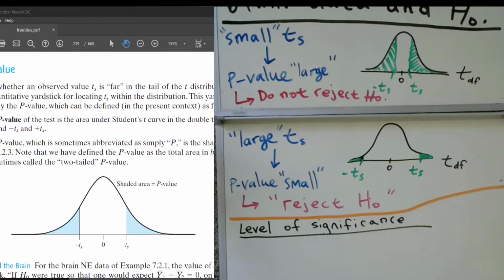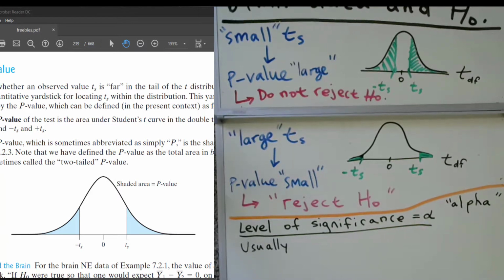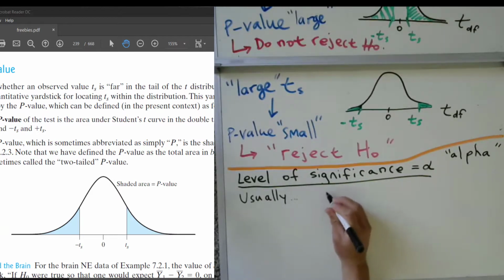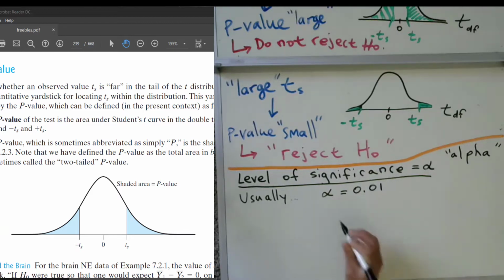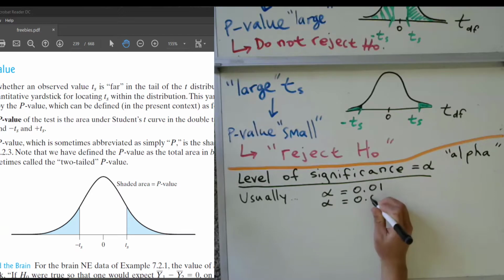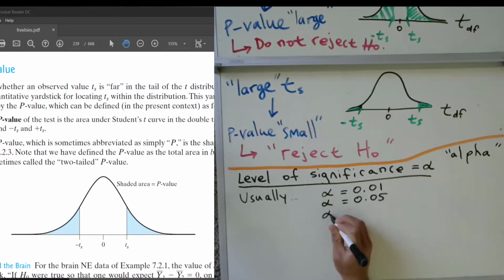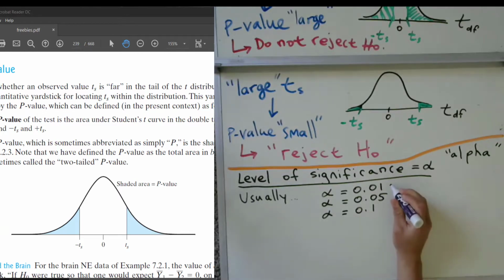Do you remember the symbol for that? Little fishy, alpha. Do you remember what alpha typically is? There are common values for alpha. Usually, alpha is quite small. Maybe 0.01, maybe 0.05, that's the most common, or maybe 0.10. We have seen these connected to confidence intervals, right?